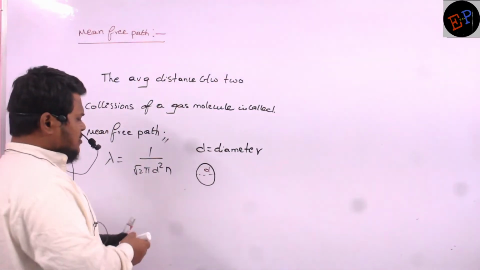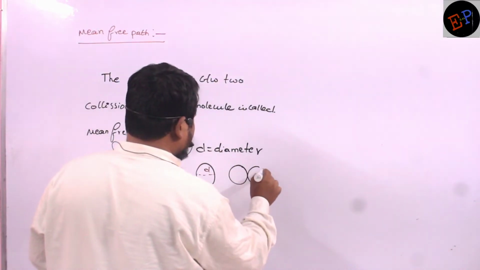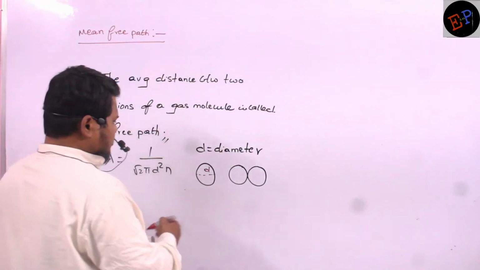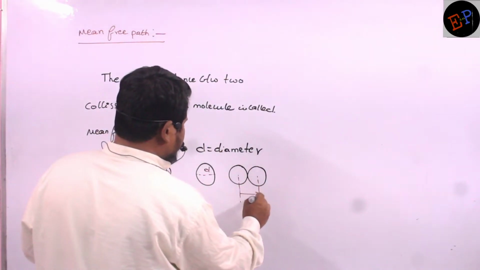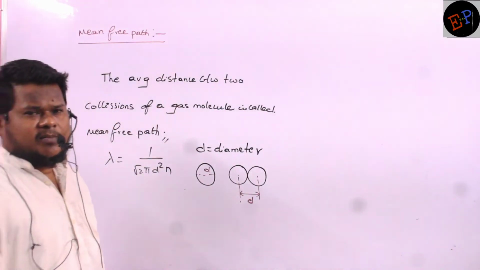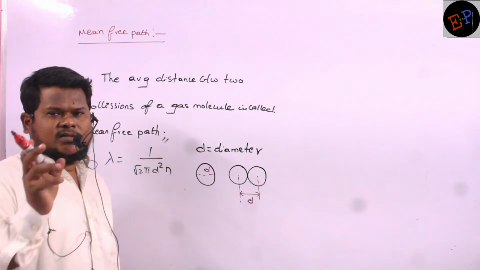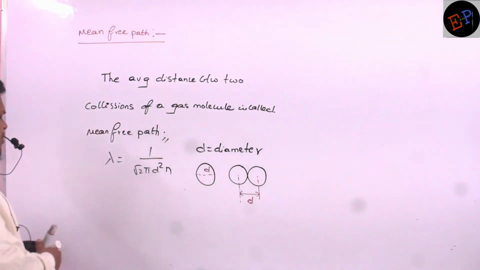Also, if these are two molecules, then the distance joining the centers of these two molecules I can also call d. Diameter of the molecule or distance between centers of two molecules is called d in this condition.